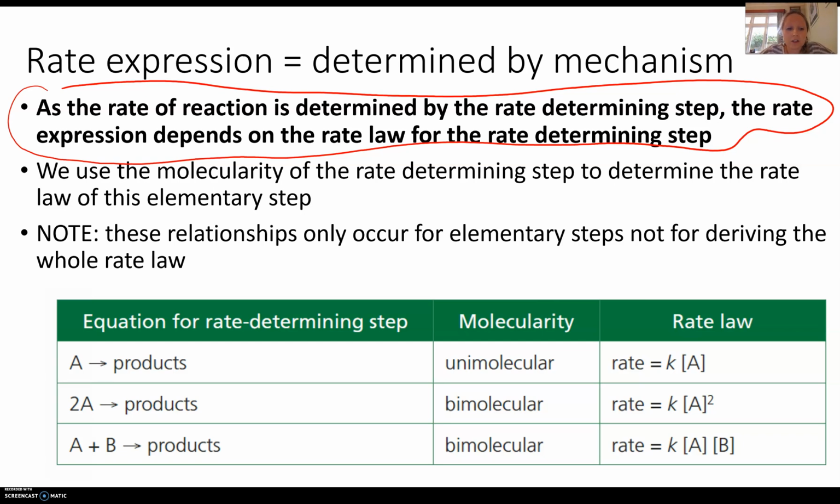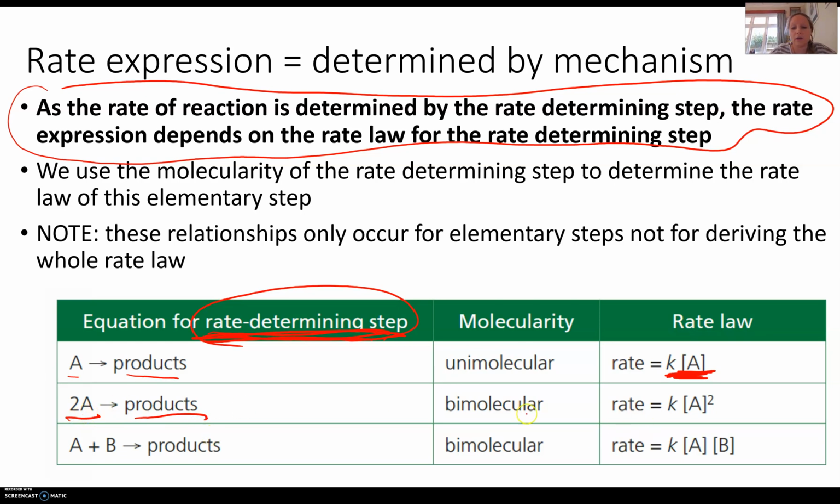So if you've got a rate determining step, so we'll get to how you work out what that is, and it's just one thing going to products, then the rate law is proportional to that. Okay, so again, right now you don't know the rate determining step, but say you did and it was 2A forms a product.